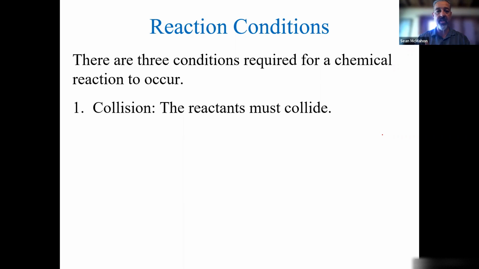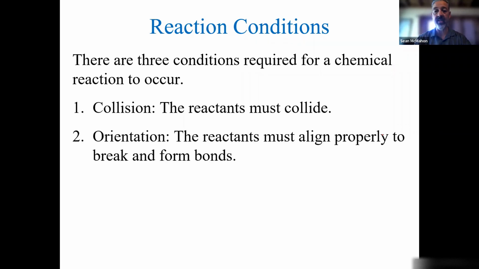So there are 3 conditions for a reaction to occur. First, the reactants have to collide so that they come in contact and can rearrange the atoms. So you need a collision. Second, you need to collide in the right orientation so that bonds can break and you can form new ones, okay?